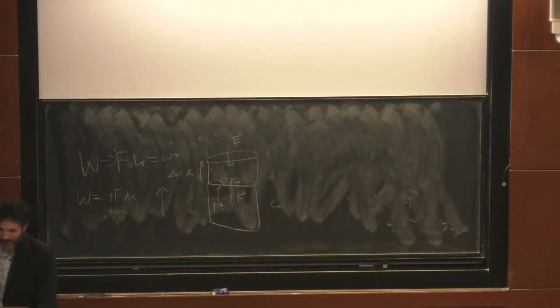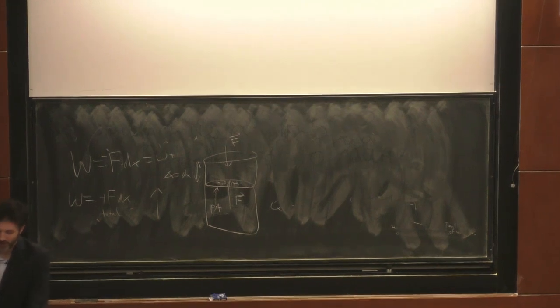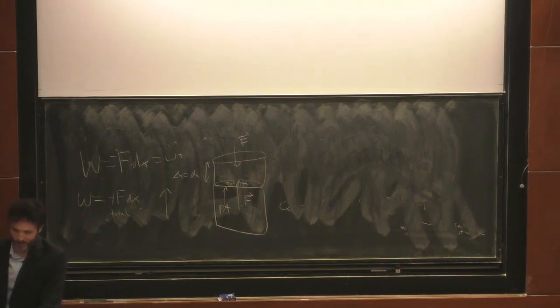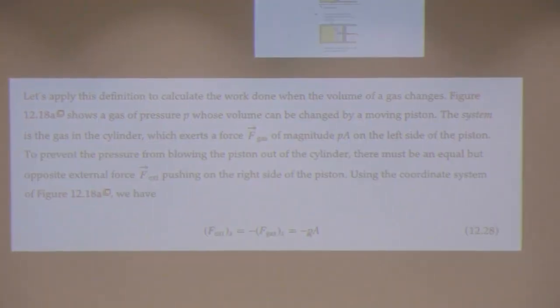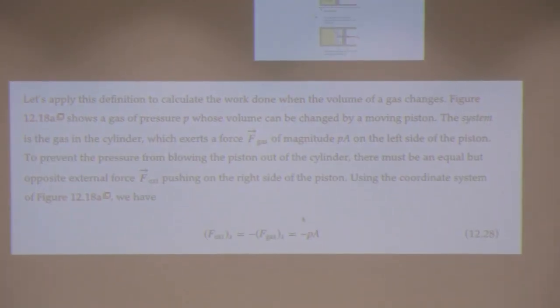And then that's on the left side, and to prevent the pressure from blowing the piston out of the cylinder, there must be an equal but opposite external force pushing on the right side of the piston. So using this coordinate system, F external is equal to minus the force of the gas, which is equal to minus pressure times area.